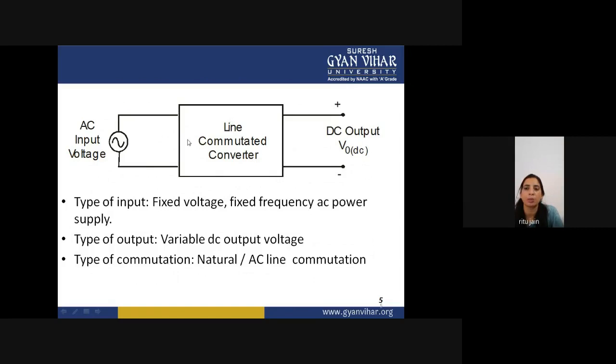Line commutated converter means that if you are using AC as the input voltage, you need not apply any other commutation circuit, because of natural commutation: in AC the waveform goes into the negative direction, and that negative voltage can be used to commutate the SCR.